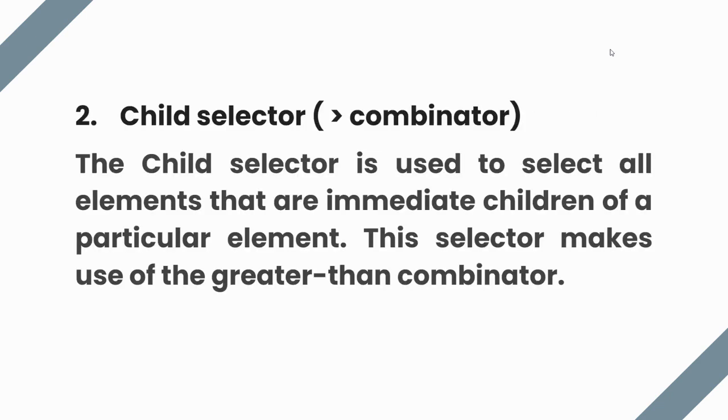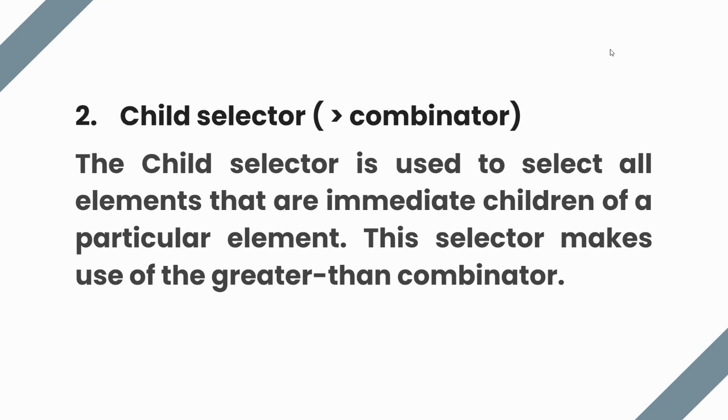So next we have the child selector. The child selector is used to select all elements that are immediate children of a particular element. Now, this sounds similar to what the descendant selector does, but the only difference is that the child selector is used to select only the elements that are immediate children of that particular element.